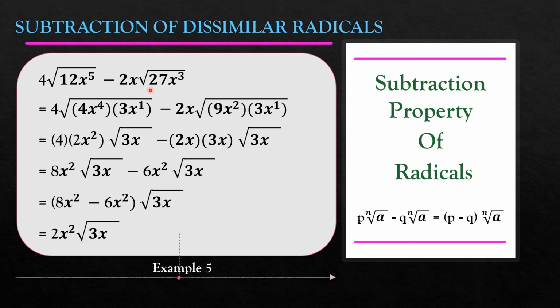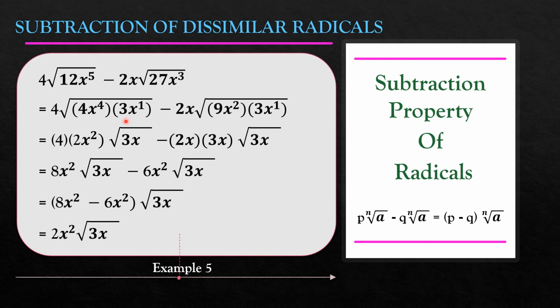For our last example, in subtracting radicals, so we have here 4 square root of 12x raised to 5 minus 2x square root of 27x cubed. So again, we simplify first the radical, yung radicand, yung nasa loob po, na kung saan ang factors niya, yung isang factor niya ay pwede natin kuhanan ng square root. So ang factors po ni 12x raised to 5, na yung isa ay perfect square, since ang index natin ay 2 or square root yan, is 4x raised to 4 and 3x raised to 1.